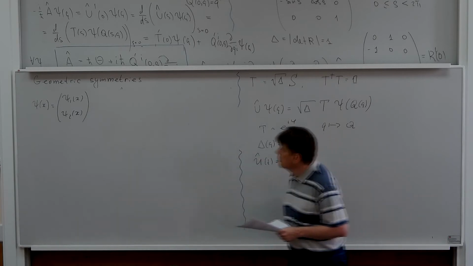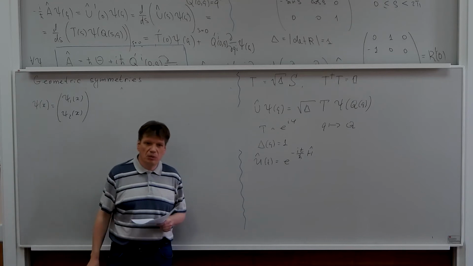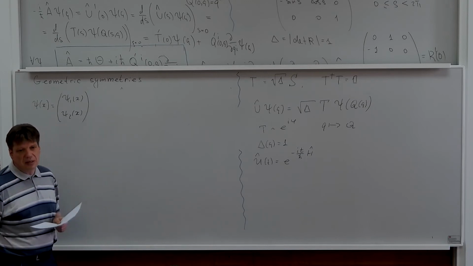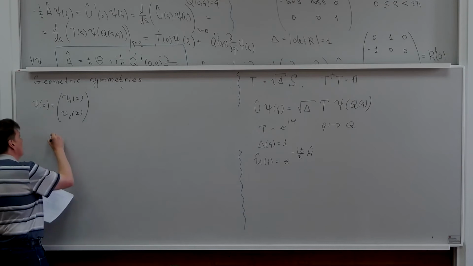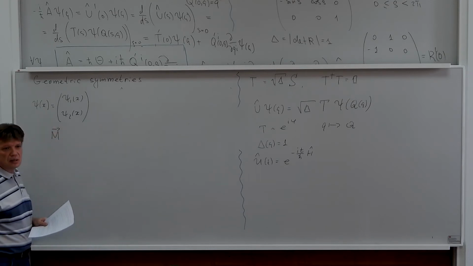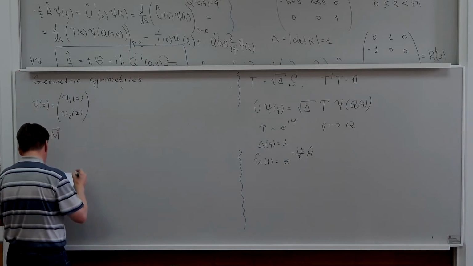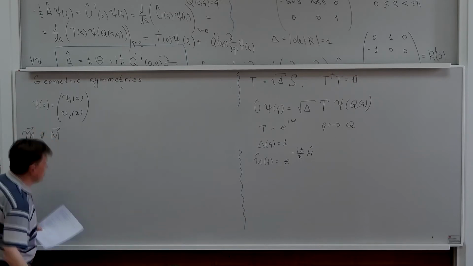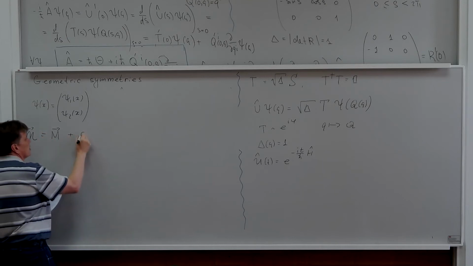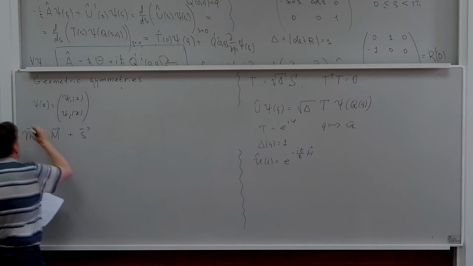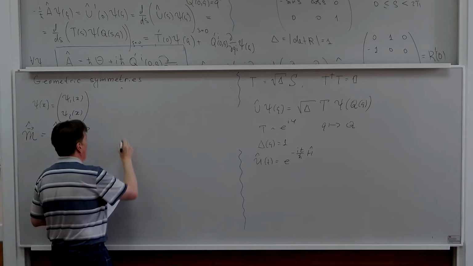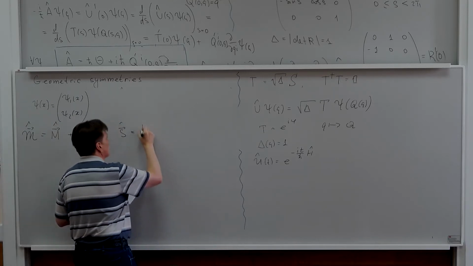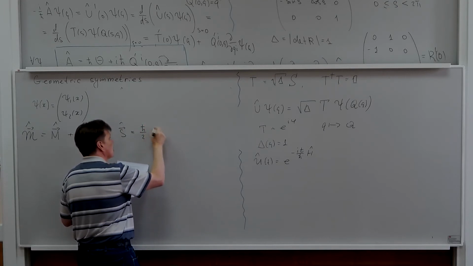And the total angular momentum of a spinning particle, for example an electron, is given now by the sum of its angular momentum M and its spin angular momentum S. So the total angular momentum is given by the sum M plus S, where the spin angular momentum operators are given just by the Pauli matrices.